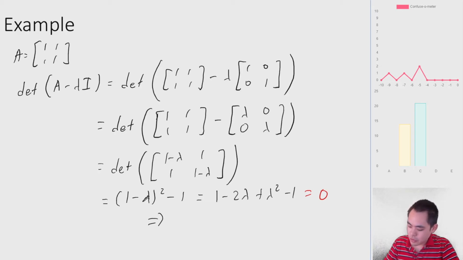And so lambda squared minus 2 lambda is equal to 0, or if you factor that out, lambda times (lambda minus 2) is equal to 0, which implies that lambda is equal to 0 or lambda is equal to 2.